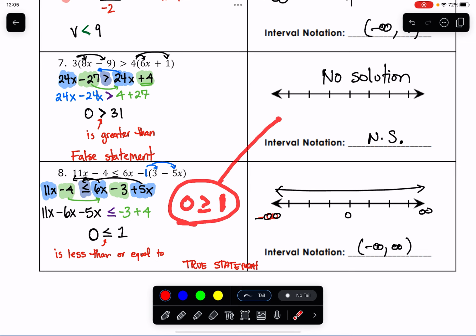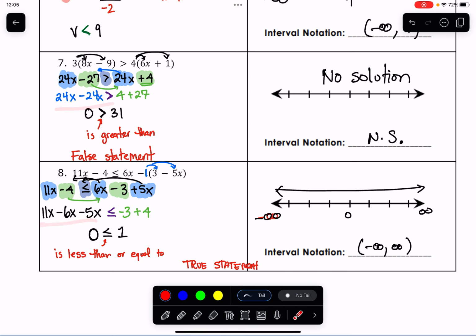So this would have been, again, no solution. So that's how you determine whether we have no solution or infinitely many solutions, negative infinity to positive infinity, in those situations where you end up with a 0 on the left side when you move your variables to that side.